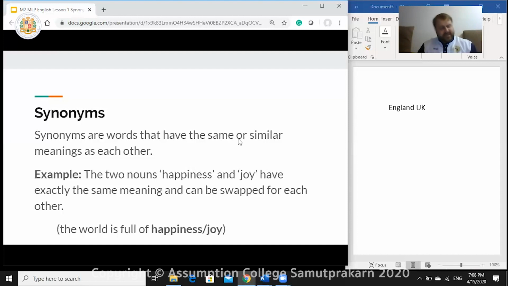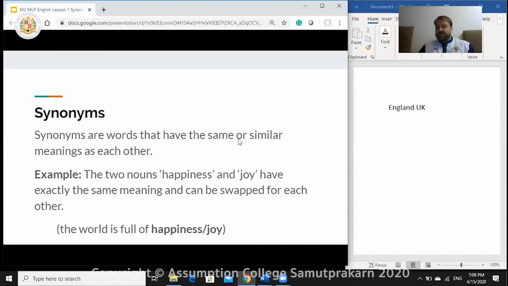Well, some of them have the very same meaning, and knowing those means that when you're talking or when you're writing, your talking is more interesting because you're using different words to describe something. It makes it more interesting to read, more interesting to hear.